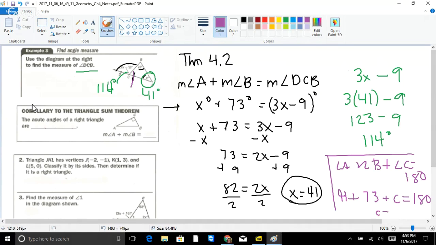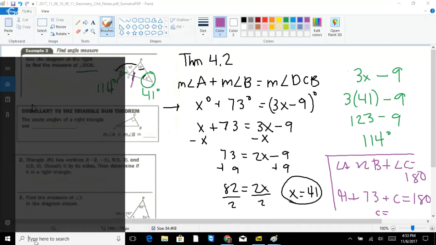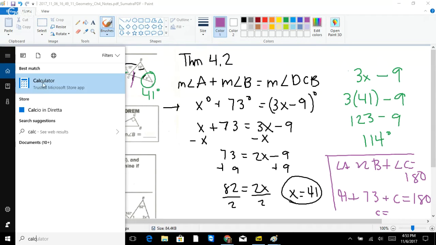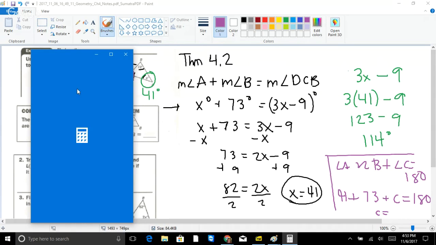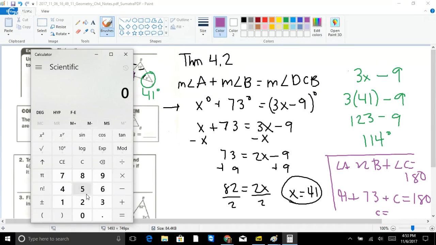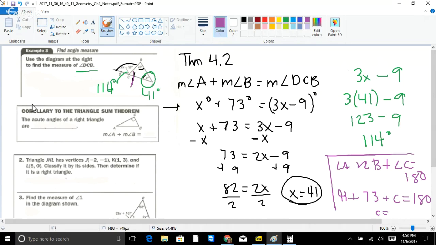Let's pop up the calculator here. So I have 180 degrees minus 41 minus 73. And I end up that angle C is 66 degrees, right? That's just adding up the 3 interior angles.